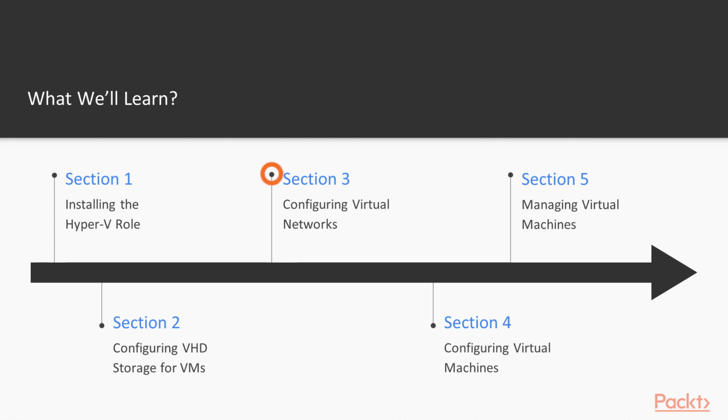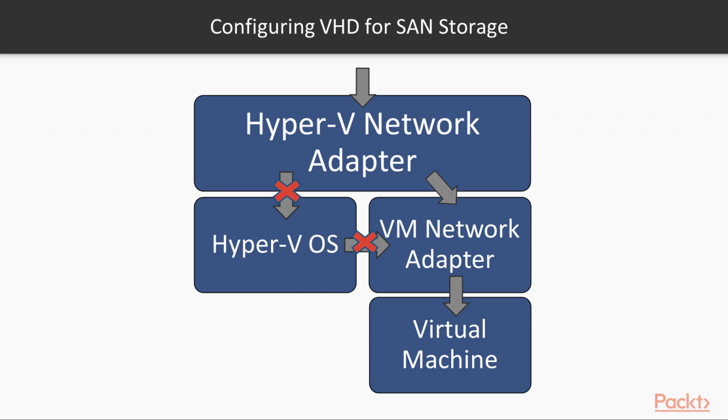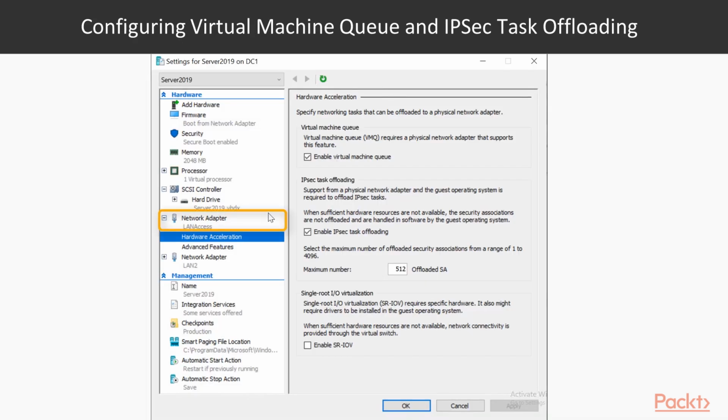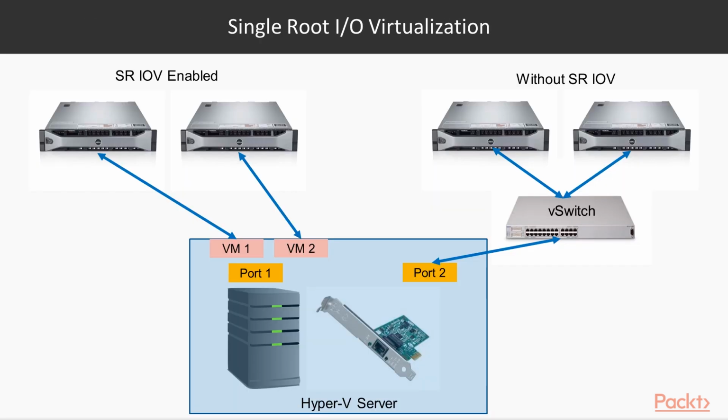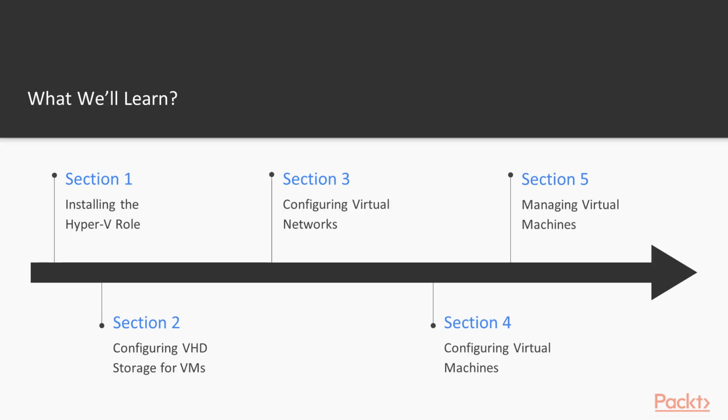In the third section, we'll focus on configuring the virtual networks, where you'll learn about Hyper-V virtual switches and how to configure them, as well as the many performance features built into virtual switches. In section 4, we'll cover configuring virtual machines.